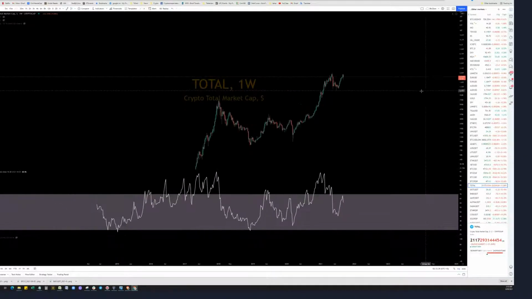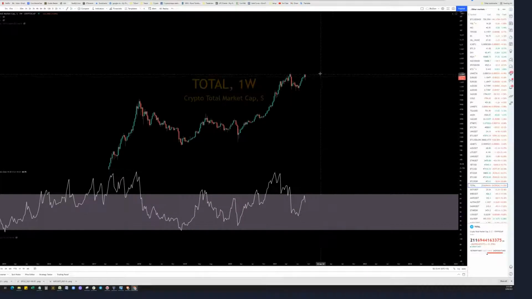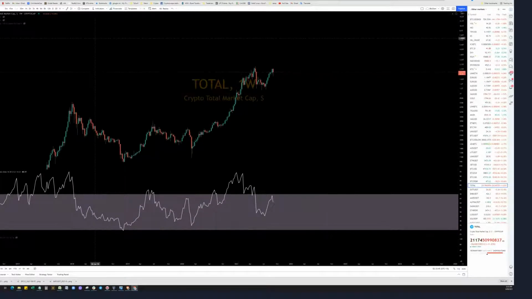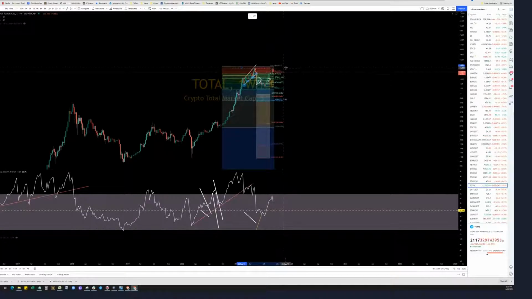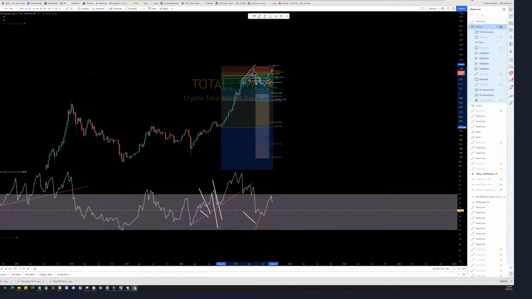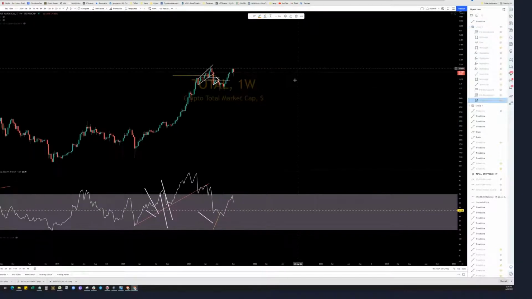Although it looks similar to Bitcoin, realistically, from a crypto perspective, that's pretty good, the fact that we touched that level. I'm just going to hide all that. Don't need to see that anymore.